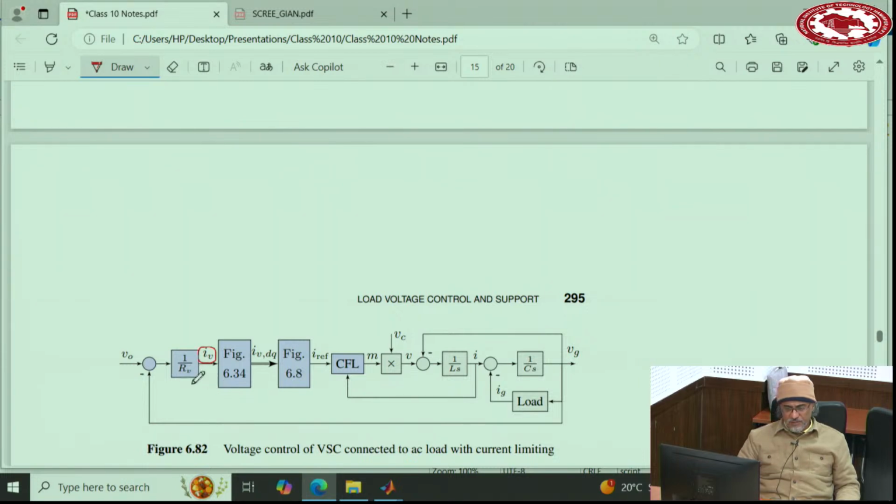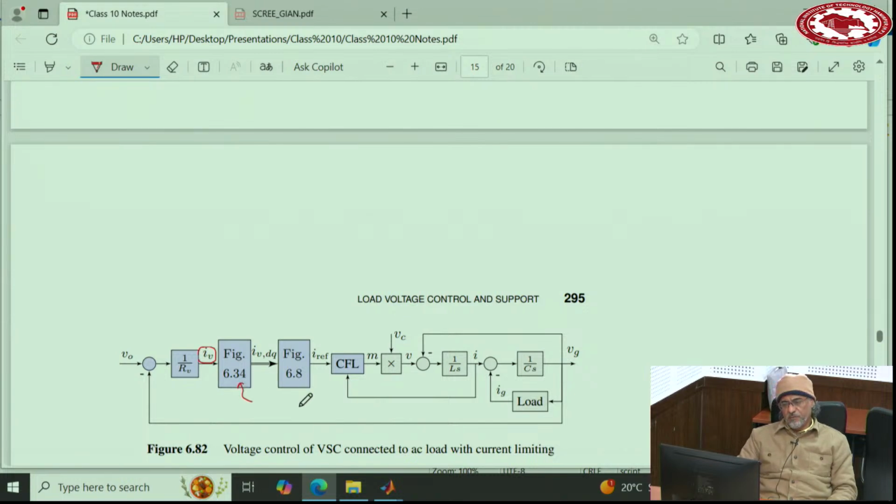This is AC, you can convert it to DQ, and then limit it, and then come back to AC. So remember, limiting should be done in DQ, because we cannot limit in AC. You do not want to clip the waveform. So you convert it, go back to DQ, as we discussed before in this figure 634.